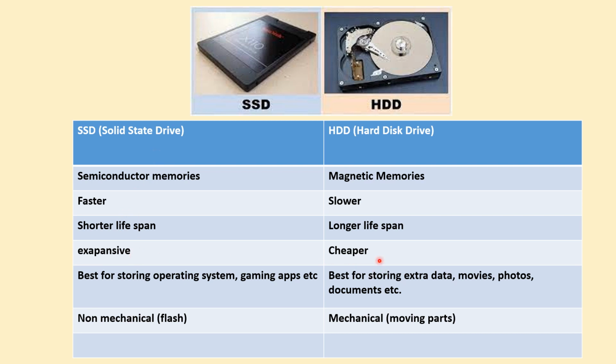SSDs are expensive, hard disks are cheaper. SSDs are best used for the operating system, whereas hard disk drives or magnetic memories are used for storing extra data. And SSDs are non-mechanical devices. Hard disks are mechanical, they have some moving parts, that's why they make some kind of noise when your hard disk is working.